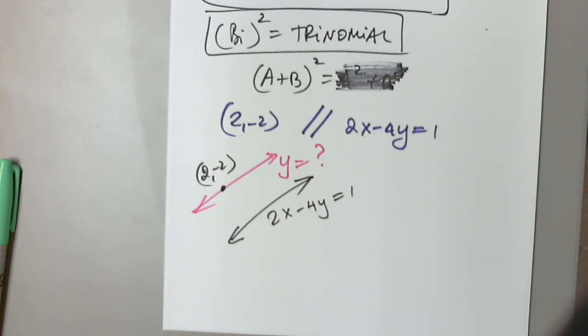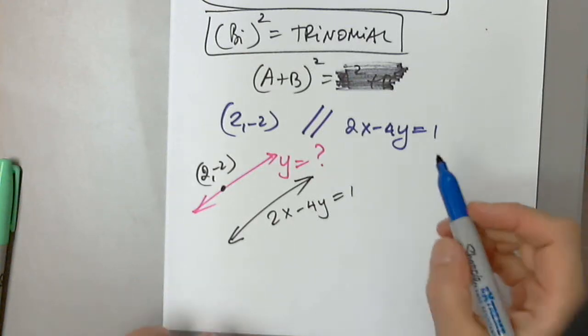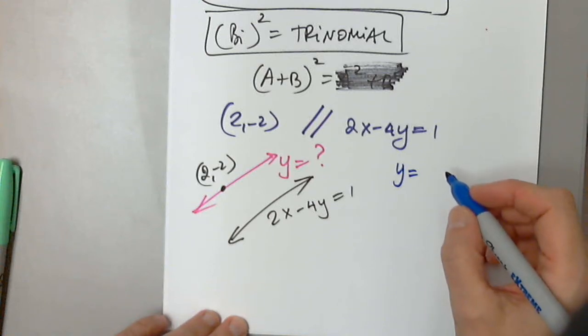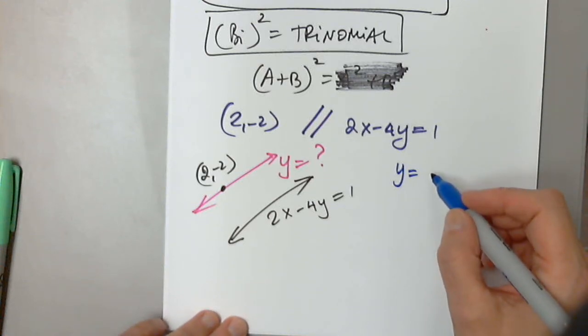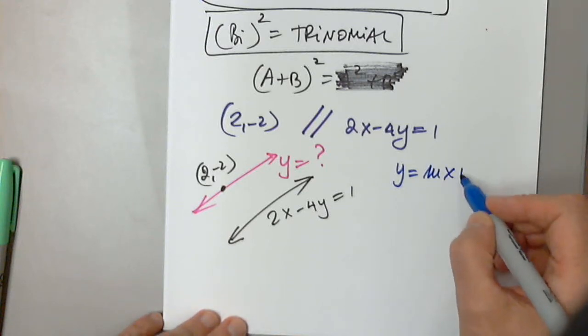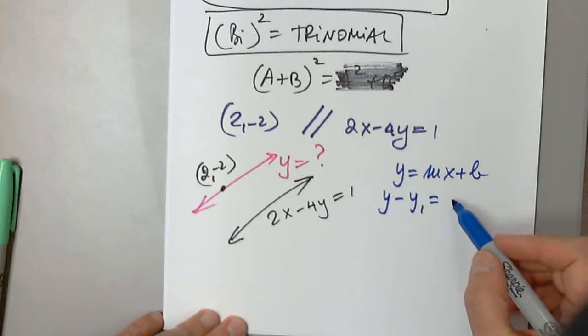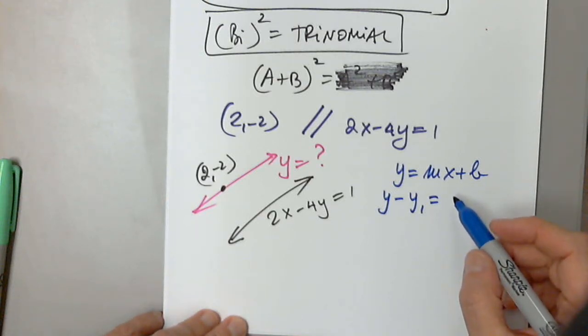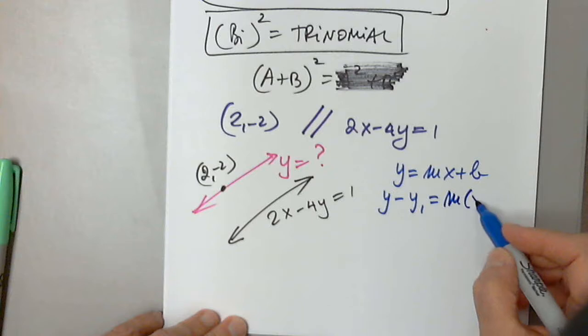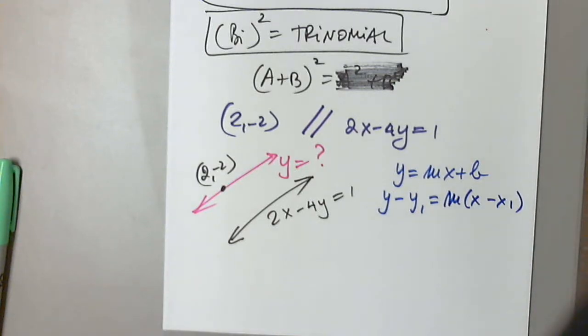Now, we do have two equations for the line. For any line, we have y equals mx plus b. And we have y minus y1 equals m times (x minus x1). Very good.